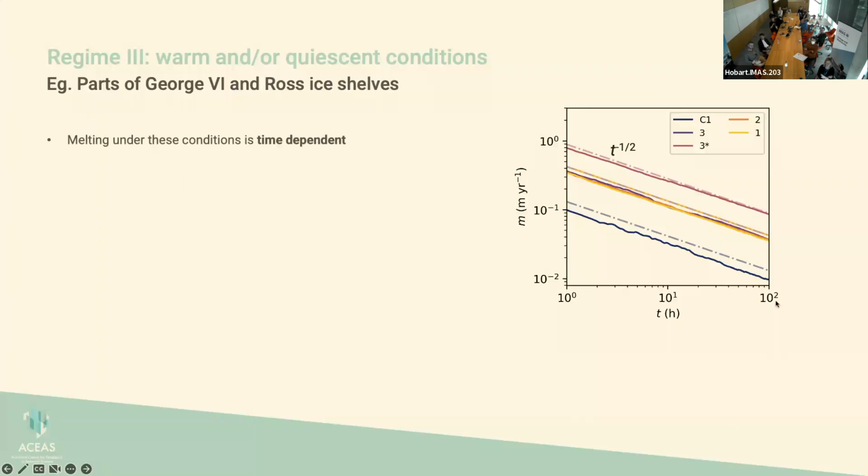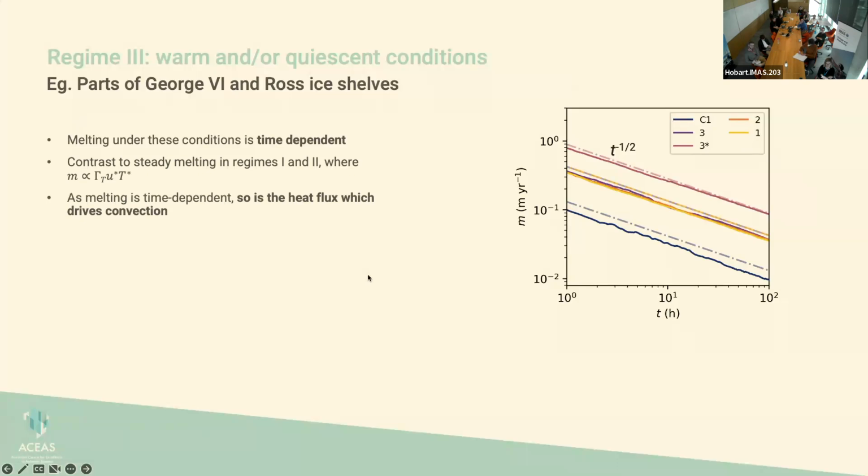And you can see that the melt rate is always decreasing, and it goes as t to the -1/2. This is in stark contrast to the other scenarios we talked about, where melting was proportional to these expressions and wasn't a function of time. That expression is a steady state expression, whereas here we have a melt rate that's evolving in time.